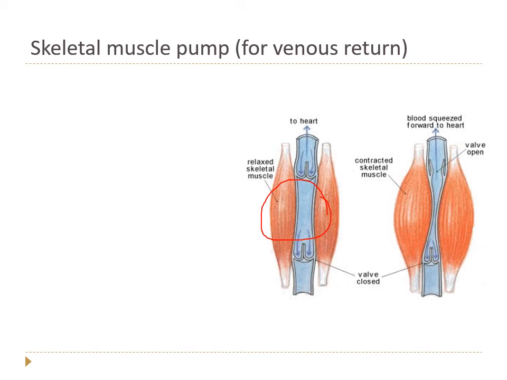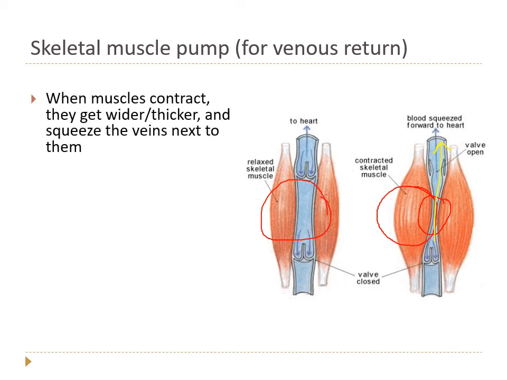As the muscles contract, they balloon out and get wide, and that squishes the vein. Any blood present in that section of the vein is now going to move in the only direction it can, this way, because of the valves. So this is our skeletal muscle pump.